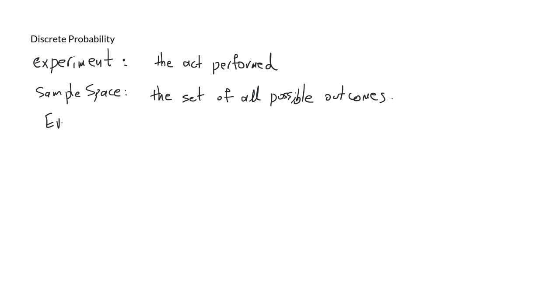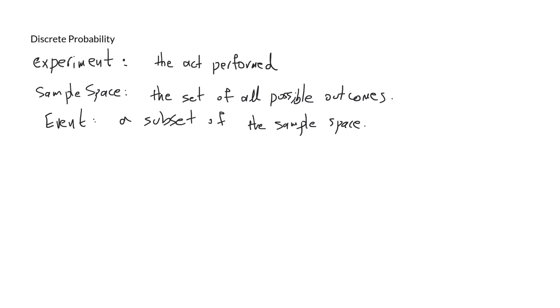Then we had an event. An event was simply a subset of the sample space, and the event was the outcomes that we wanted to compute the probability of.